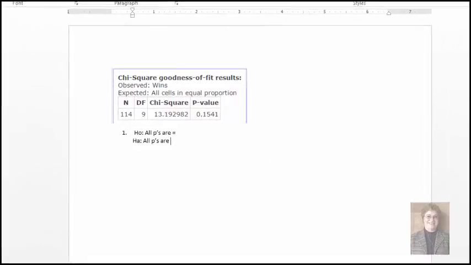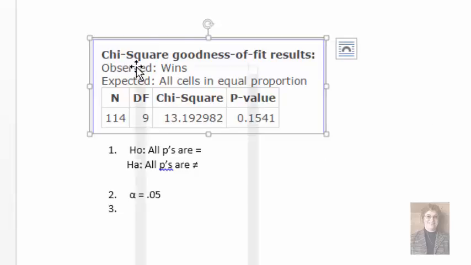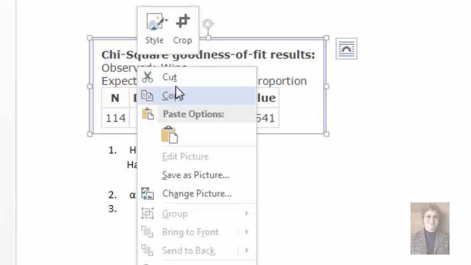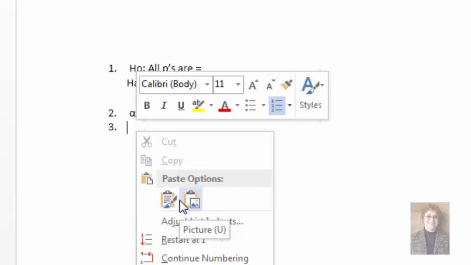Step 2, alpha equals, and step 3 is my data. So I'm going to take my table and put it in there.